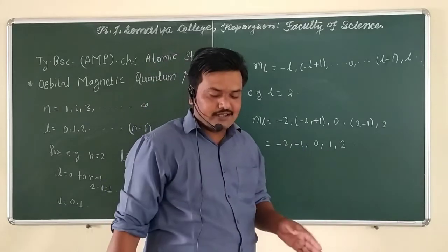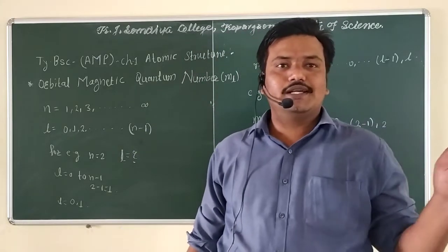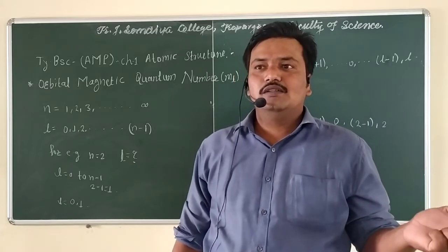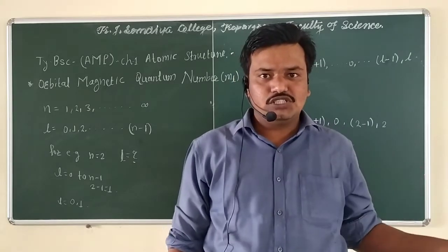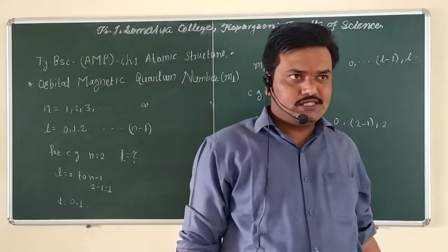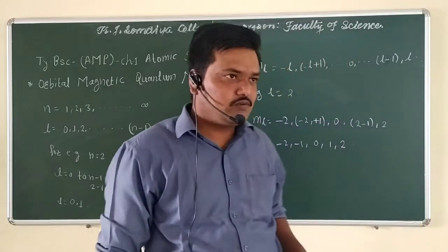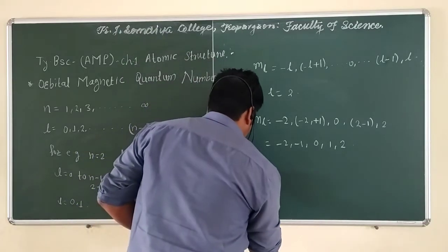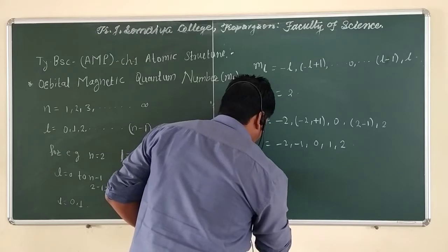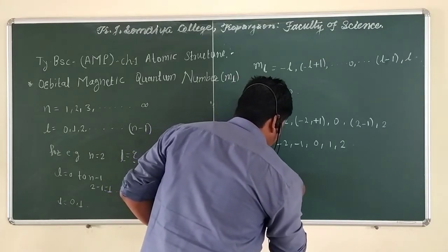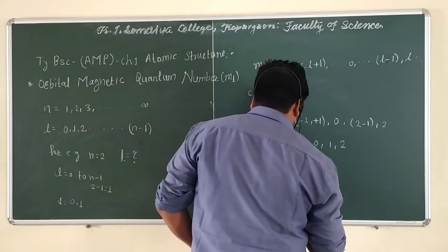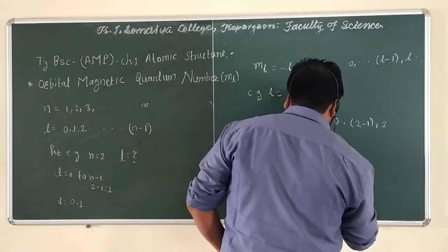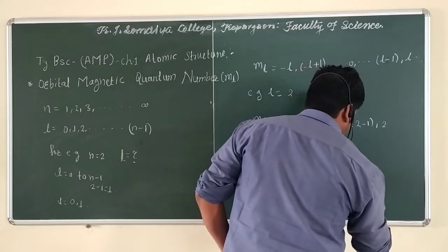Okay, and if you want the greater number of L, suppose L is equal to 4, 5, so how many times this orientation or space quantization number is obtained is given by the orientation formula. The orientation number is equal to 2L plus 1.